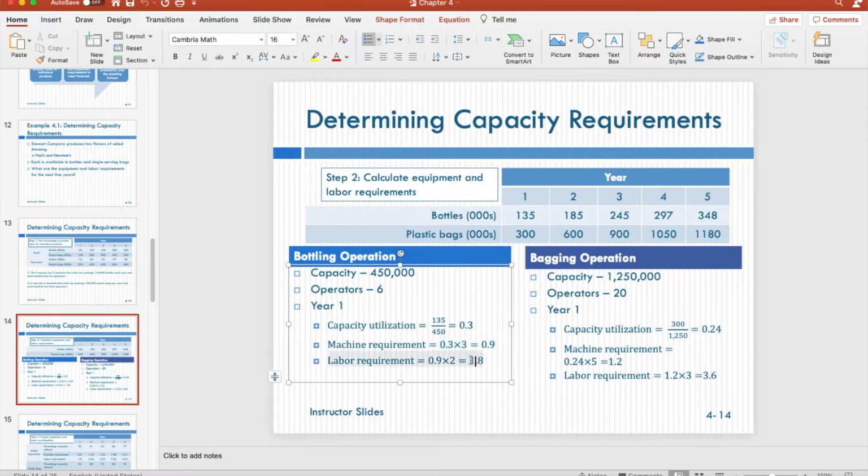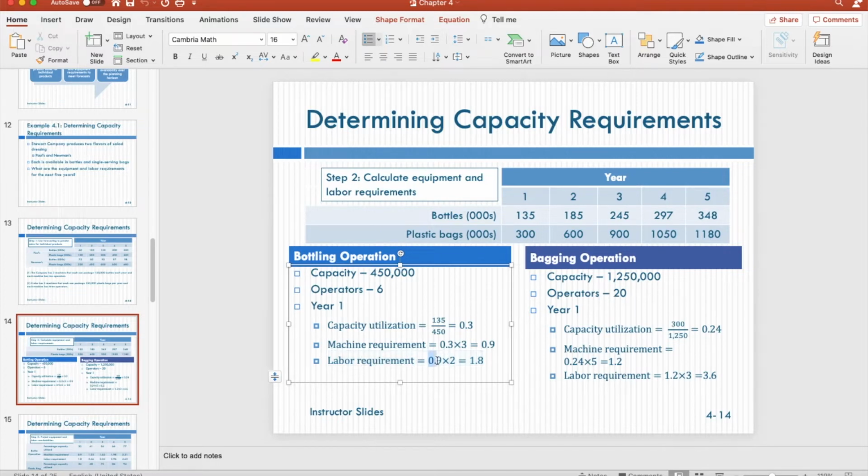Now, labor requirement. Think about this. In this year, we already calculated how many machines we are using effectively, which is 0.9. If I ask you how many laborers you are using effectively this year, how do you calculate that amount? Very simple.